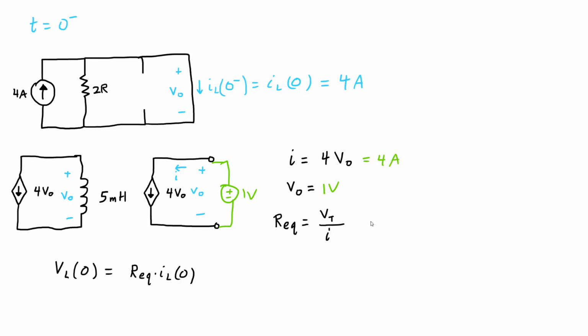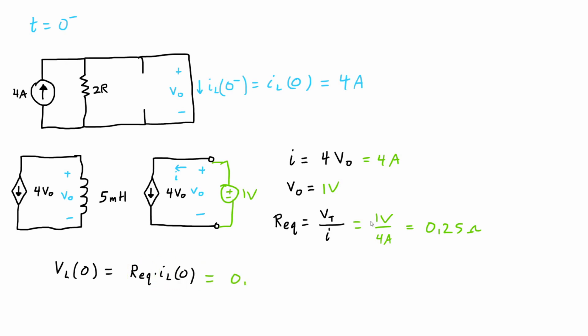And if you take the 1 volt source, divide it by the 4 amp current, that means the resistance is 1/4 ohm. So if we want to find VL0, the initial voltage of the inductor, which we'll need for calculating the final voltage, or rather the equation that gives both of them, we're going to need the equivalent resistance, which we just calculated, and the initial current, which we already calculated just before this.